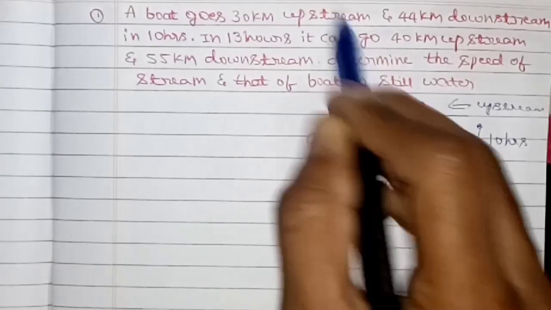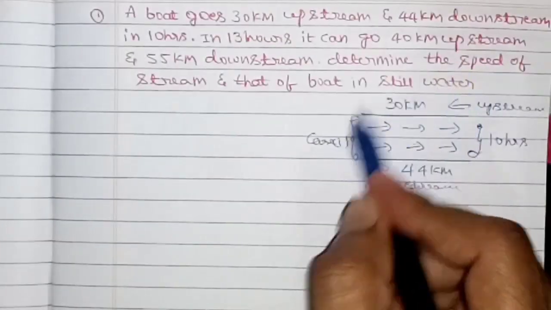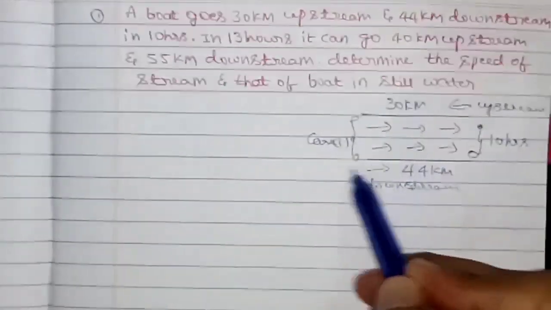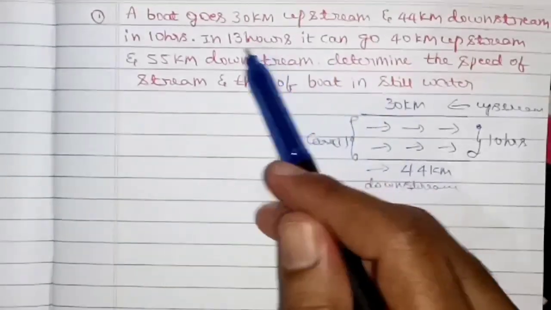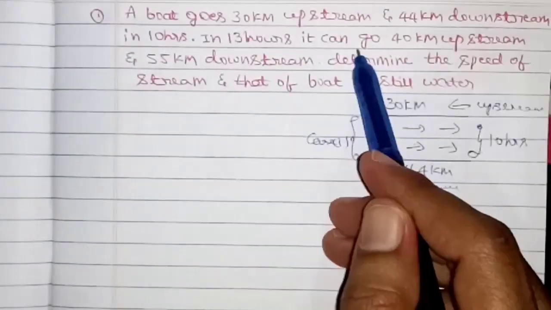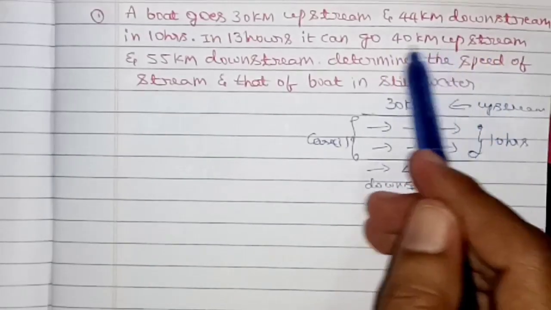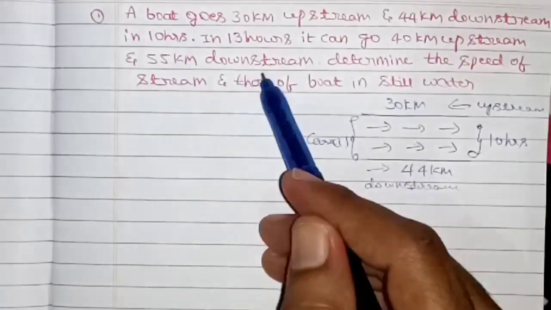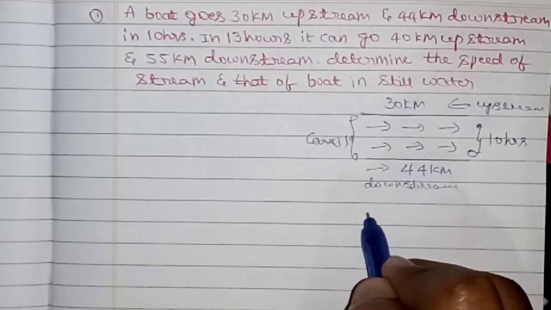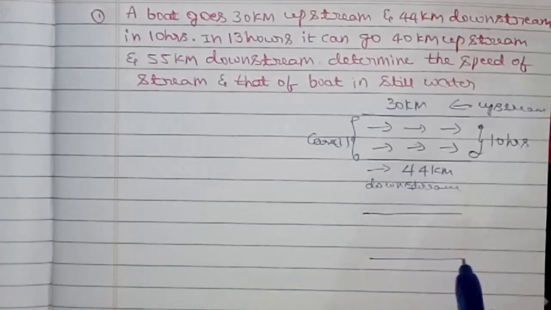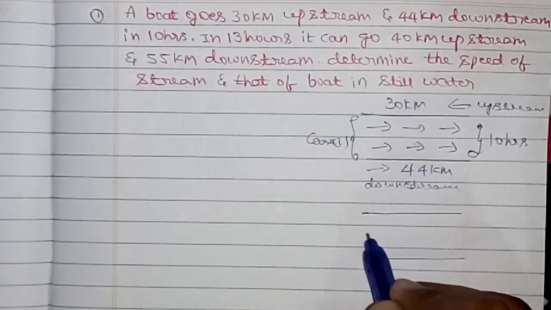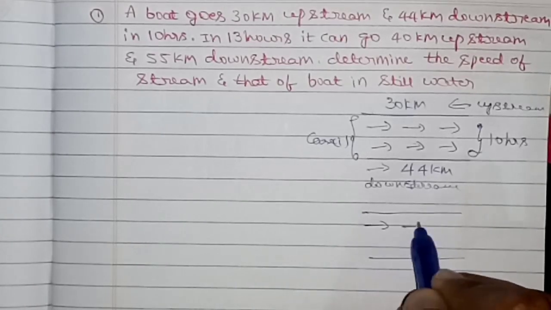Another condition you need to write down, so I'm writing this as case 1. Now in 13 hours it can go 40 km upstream and 55 km downstream. Let me draw a line like this, and consider this as a river flowing in this direction.